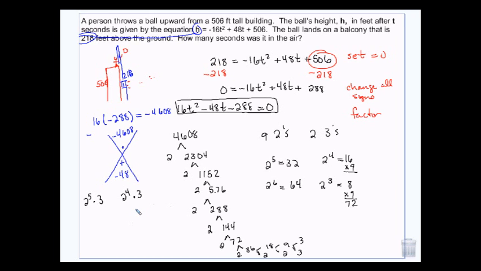So 2 to the 5th again was 32 times 3 is 96, and 2 to the 4th is 16 times 3, which is 48, and 96 minus 48 happens to be 48.